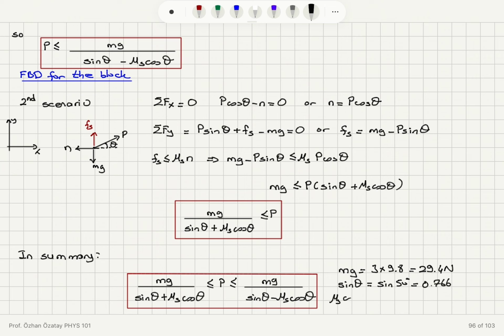Mu s cosine theta is 0.25 times cosine 50, which is 0.161. So plugging in these numbers, I find that P is in this range, greater or equal to 31.7 newtons, less or equal to 48.6 newtons. So that is my final answer for this part.